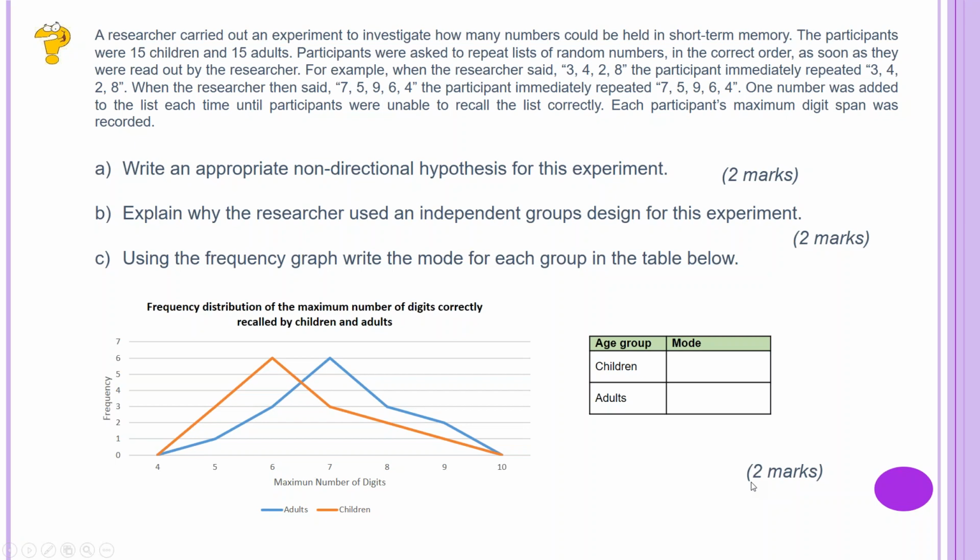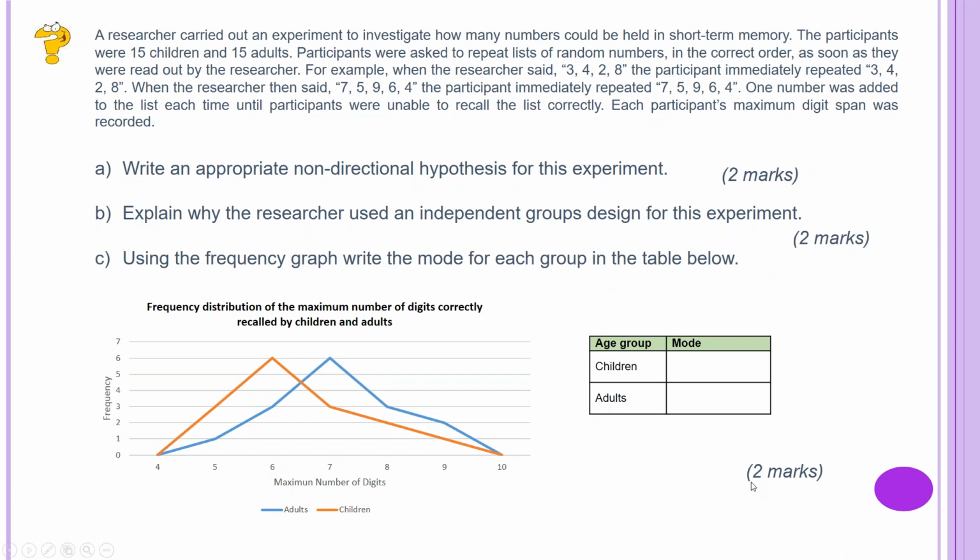For example, when the researcher said 3, 4, 2, 8, the participants immediately repeated 3, 4, 2, 8. When the researcher then said 7, 5, 9, 6, 4, the participants immediately repeated 7, 5, 9, 6, 4. One number was added to the list each time until participants were unable to recall the list correctly. Each participant's maximum digit span was recorded.